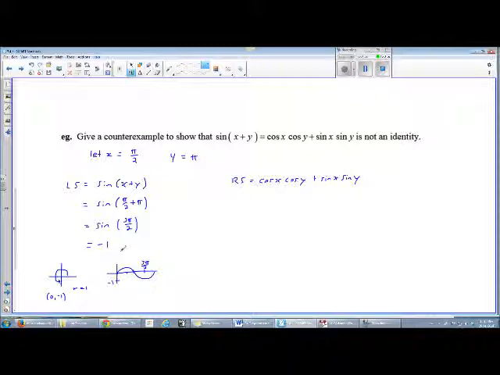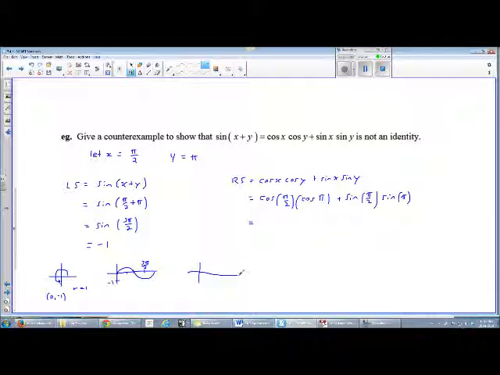Now let's go over here and substitute these same values for x and y into this formula. So the cosine of pi by 2 multiplied by the cosine of pi plus the sine of pi by 2 multiplied by the sine of pi. And then, again, either looking at it on a unit circle or looking at the cosine curve or the sine curve, I'll just draw a rough sketch of the cosine curve here.